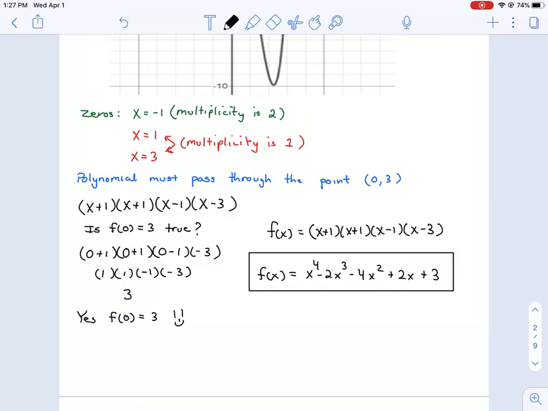And again, if you want to check to see if you have the correct polynomial, what you can do is graph f of x in Desmos to see if that polynomial has the roots x is equal to -1, x is equal to 1, and x is equal to 3, and passes through the point (0, 3).